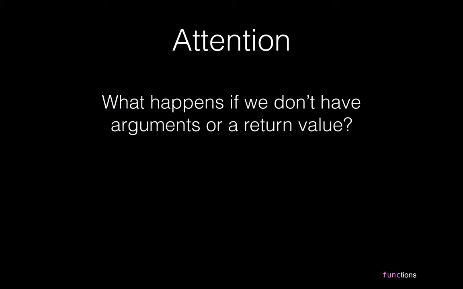All right, but watch out for special cases though, because what happens if we don't have arguments or if we don't have a return value? Well, if we don't have arguments or a return value, then we replace either the argument list or the return value with the keyword void or with an empty pair of parentheses, but we still have to keep the arrow.